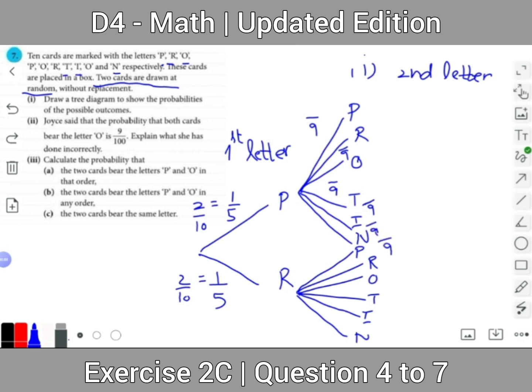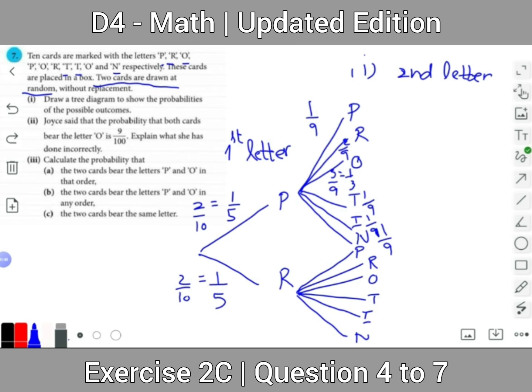So we will write down the probabilities of the respective branches. After selecting the second letter, we have the probability for P is 1 over 9, for R 2 over 9, for O 3 over 9, for T 1 over 9, for I 1 over 9, and for N 1 over 9.